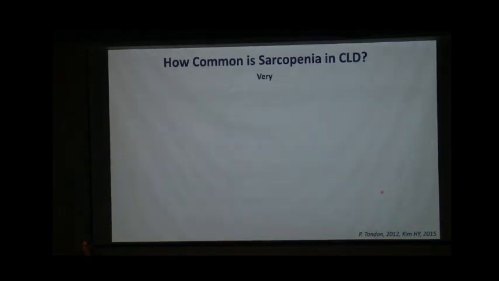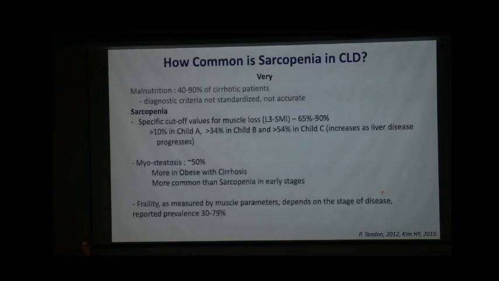So, how common is sarcopenia in chronic liver disease? In simple words, I will say very. Sarcopenia is prevalent in almost 65 to 90% of liver cirrhosis patients, and as the severity increases, the sarcopenia increases.